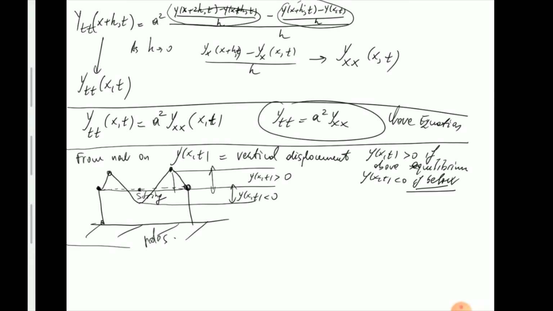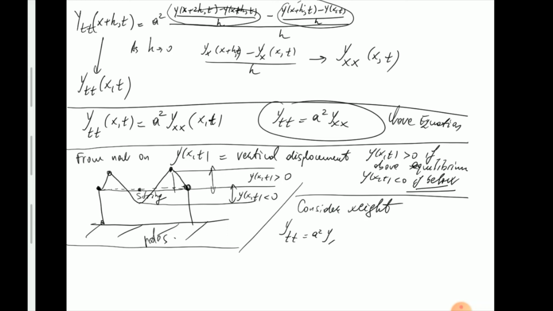So for example, as you will see in a homework problem, if you consider the weight as well that hangs on the object. If the weight is not negligible, then you could have a wave equation which is not homogeneous, because in addition to all the components which are caused by the spring force, you could have also the weight.